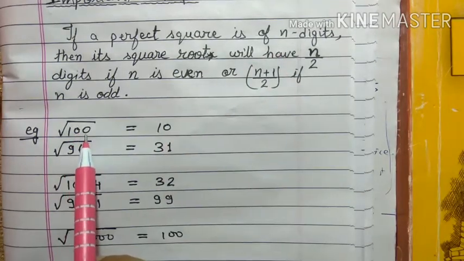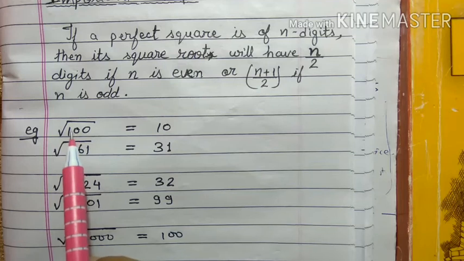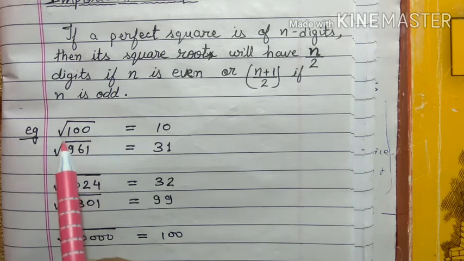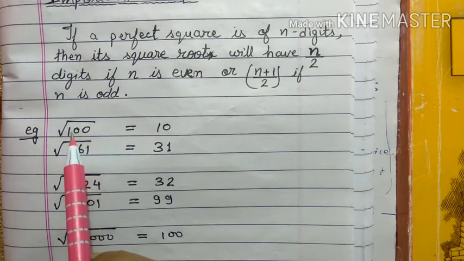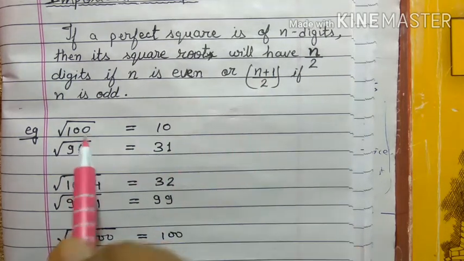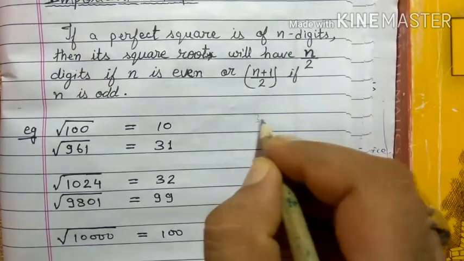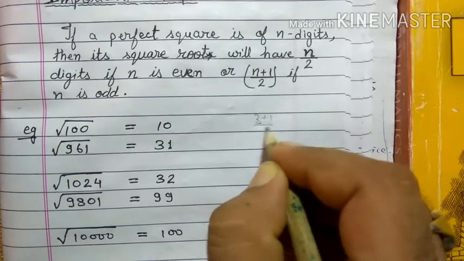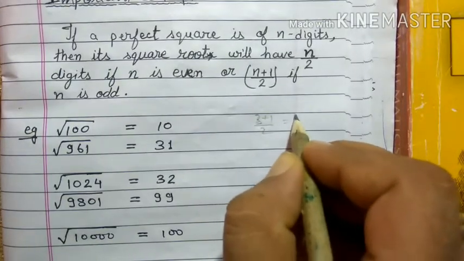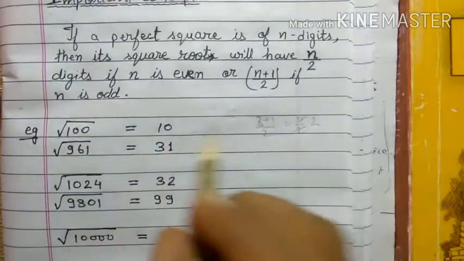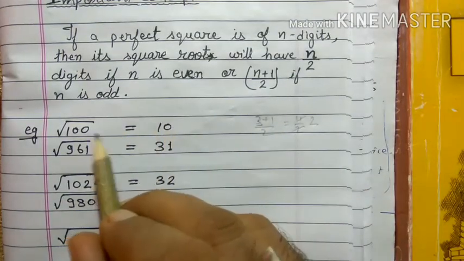So how to find how many digits in its square root? That will be (n plus 1) by 2, that is 3 plus 1 by 2, and 3 plus 1 is 4, 4 by 2 is 2. So the square root of 100 has 2 digits.